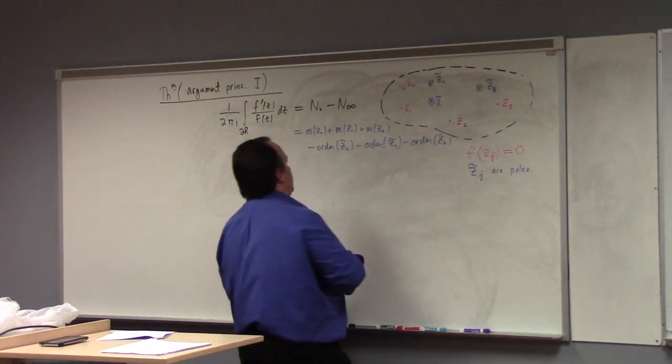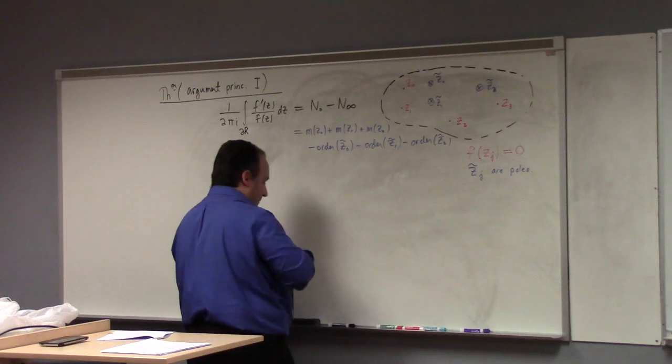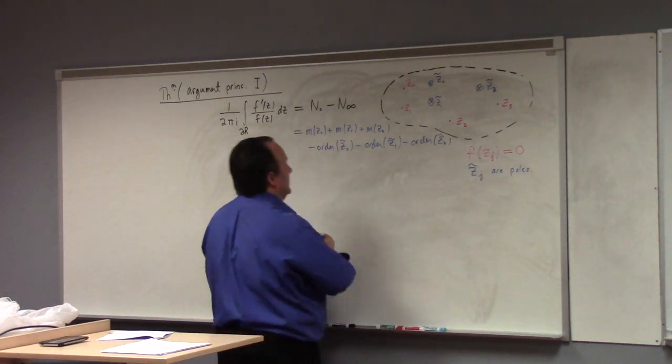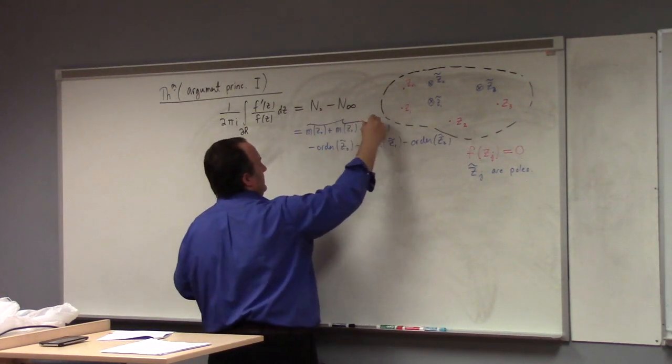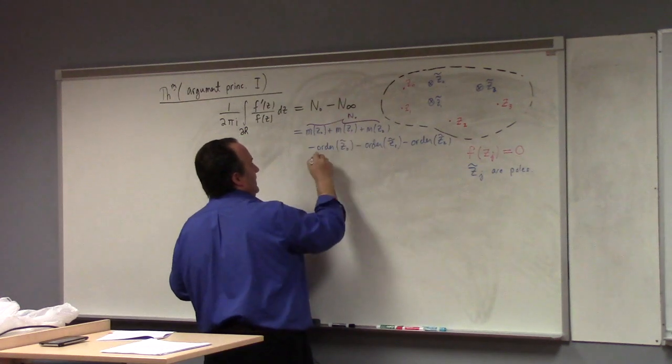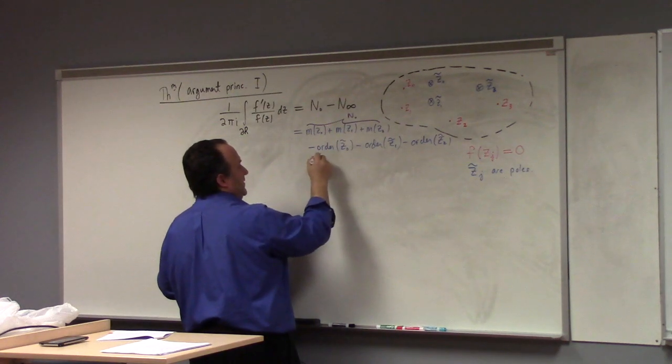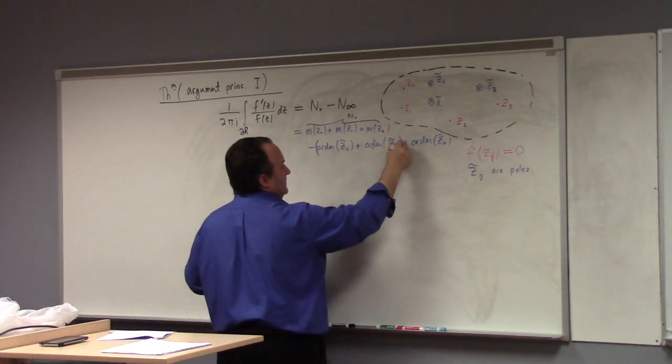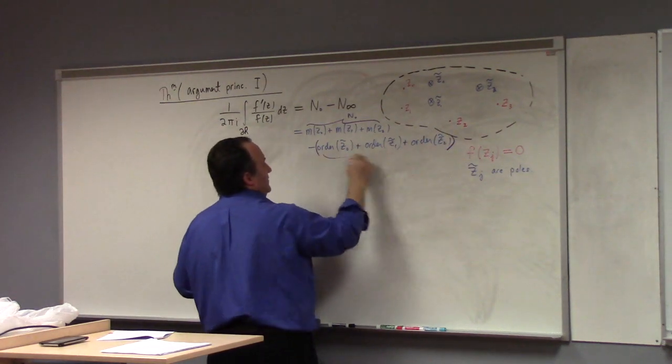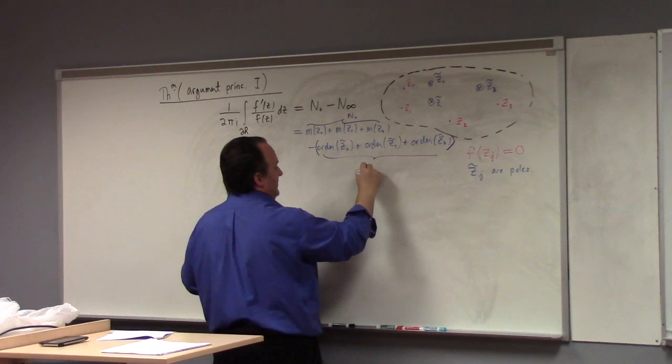Oh, that's it, okay. So this is the number of zeros counting multiplicity. And this right here, I'll factor out the minus, would be the number of poles, again counting multiplicity.